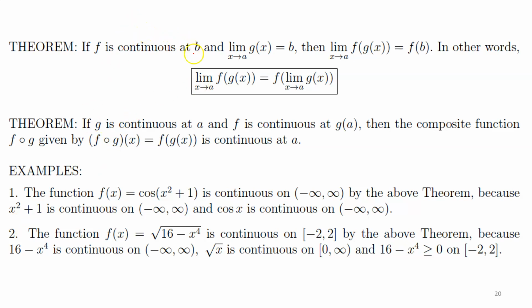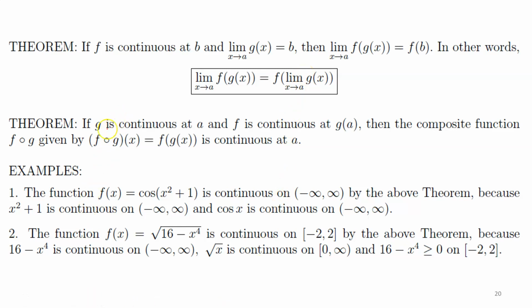If f is continuous at b and limit g(x), x approaching a equal to b, then limit f(g(x)) as x approaching a equal to f(b). In other words, it's written down like this. It's actually the same, it's just that this f, you just bring it at the front. Dia benda yang sama, cuma f ni you bawa ke depan, so you just rewrite it in this form.